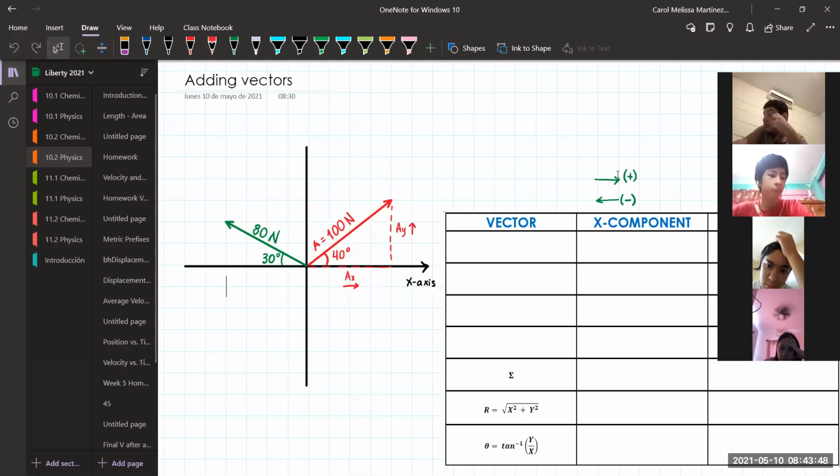In the y components something very similar occurs. Okay, vertically, if you go up, it's something positive, and if you go down, it's something negative.